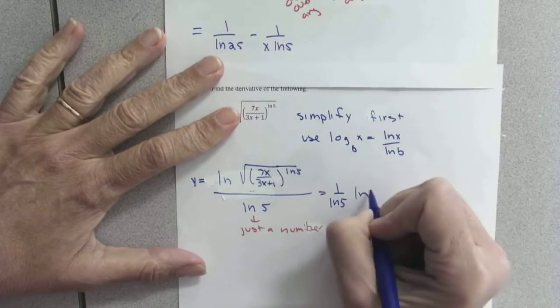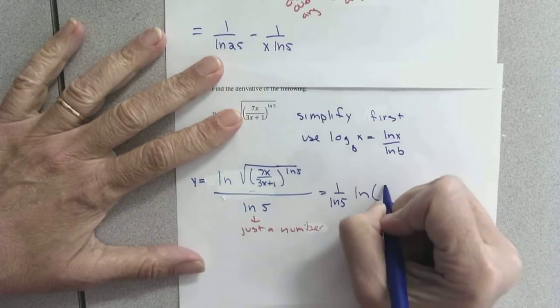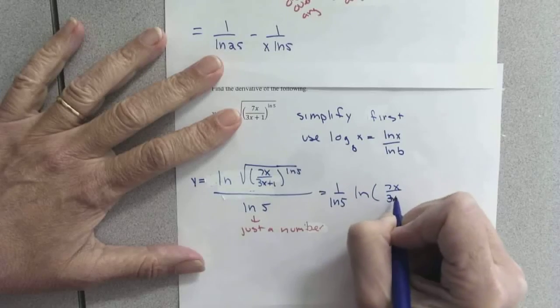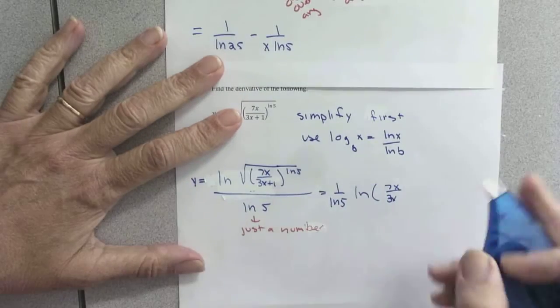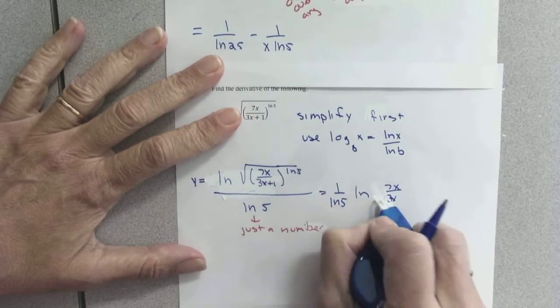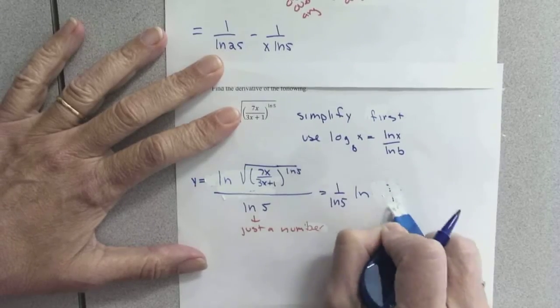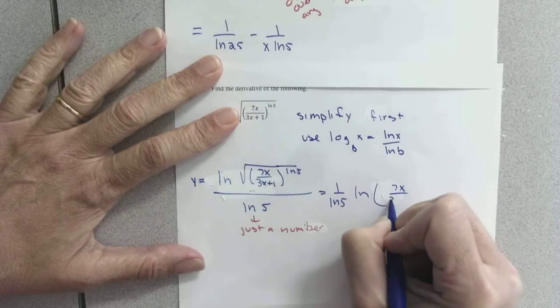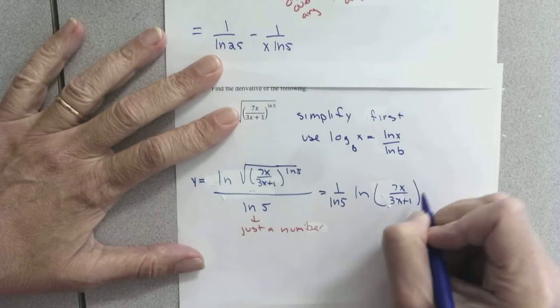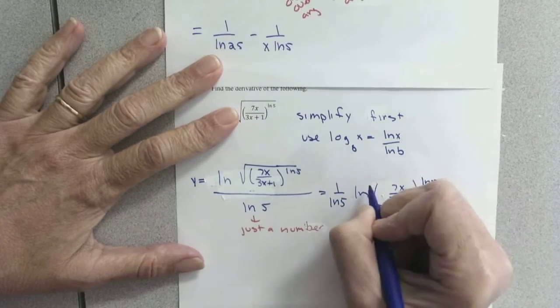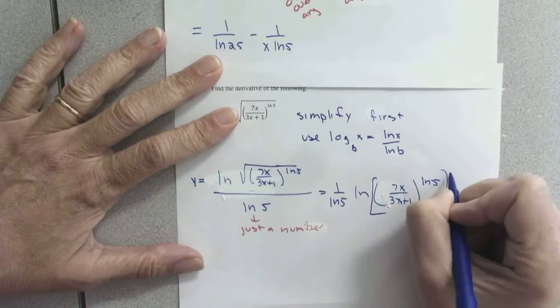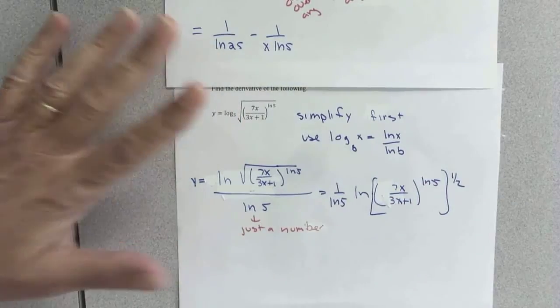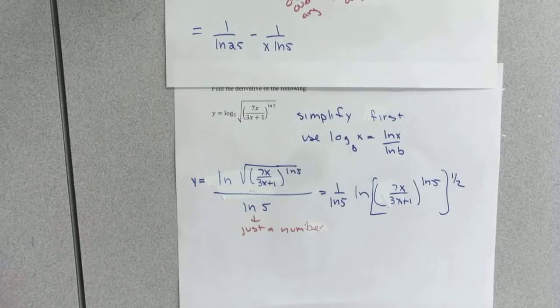Still simplifying. And that's going to be 7x over 3x plus 1. Let's try to make it a little more legible, shall we? It's going to be 7x over 3x plus 1 to the natural log of 5. And then that whole thing to the 1/2, because a square root is the same thing as an exponent of 1/2.